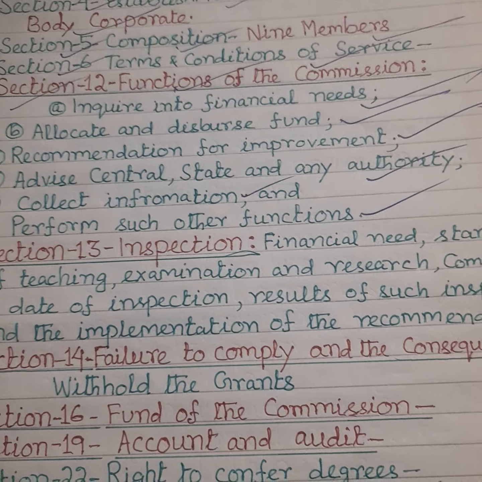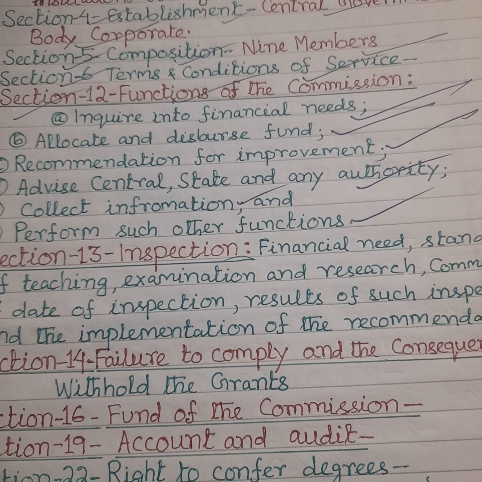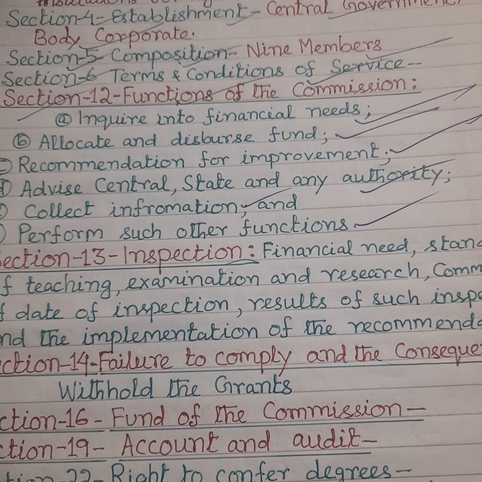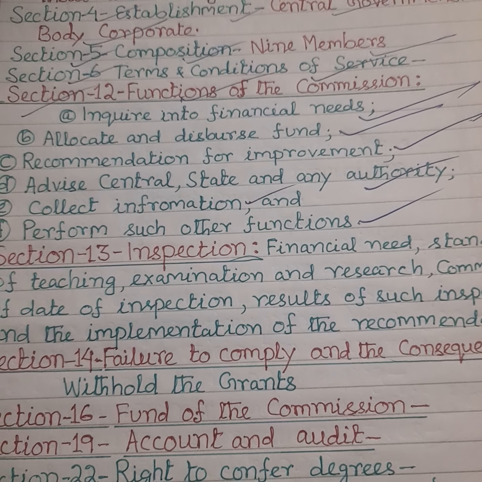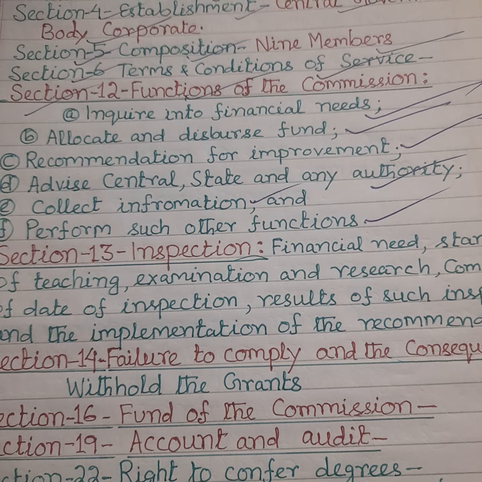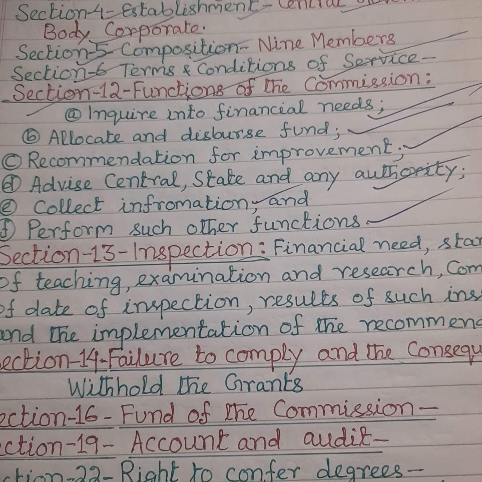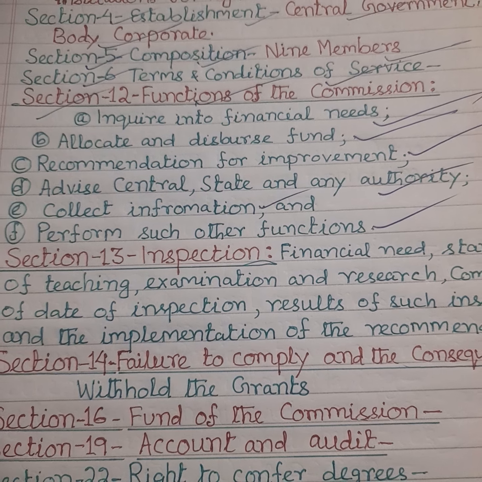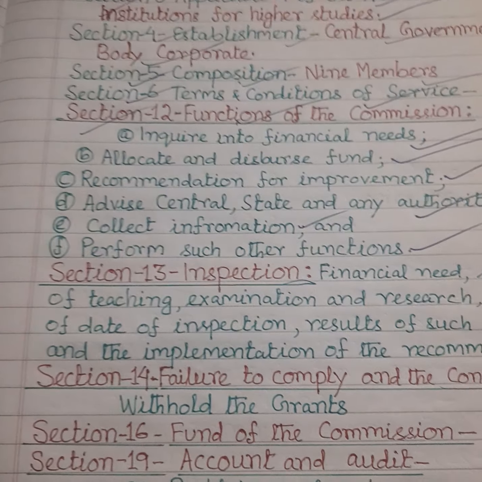It would also perform such other functions as may be prescribed or as may be deemed necessary by the Commission for advancing the cause of higher education in India or as may be incidental or conducive to the discharge of the above functions.